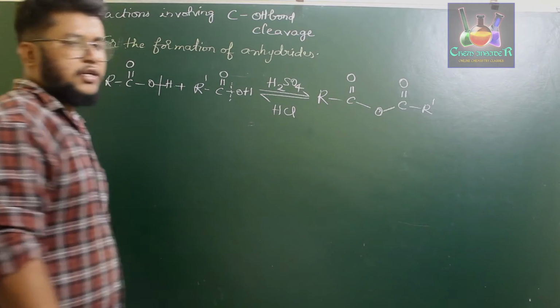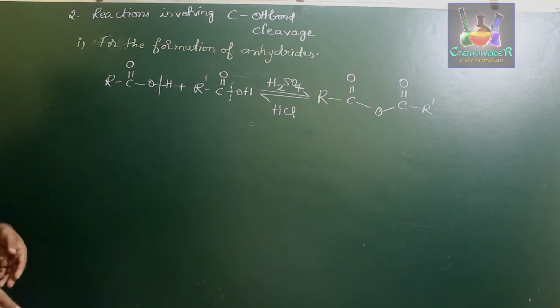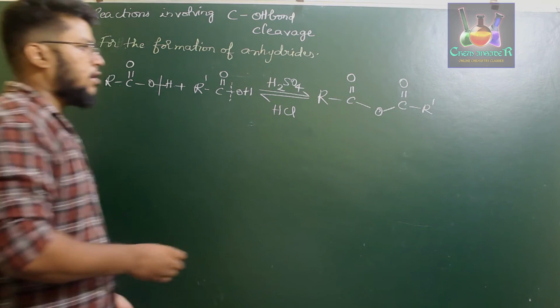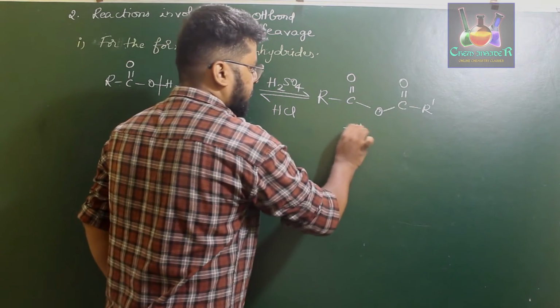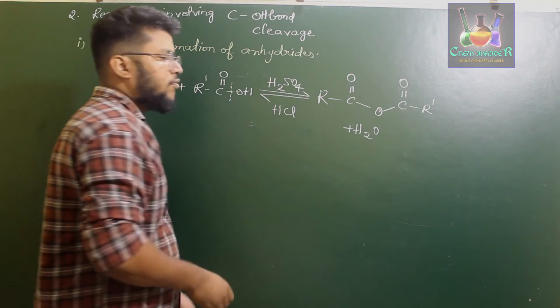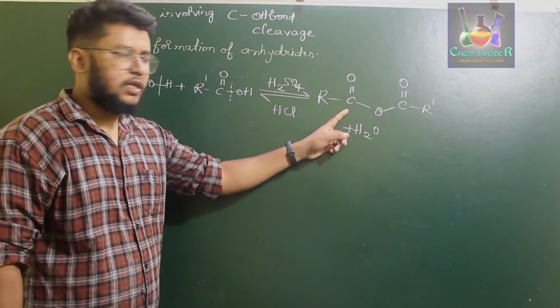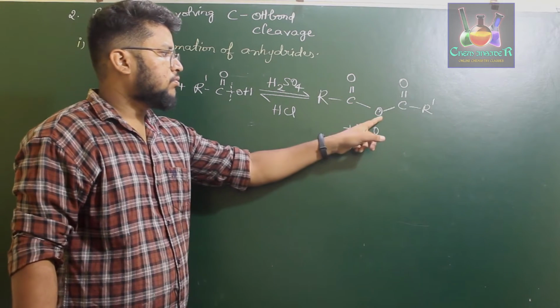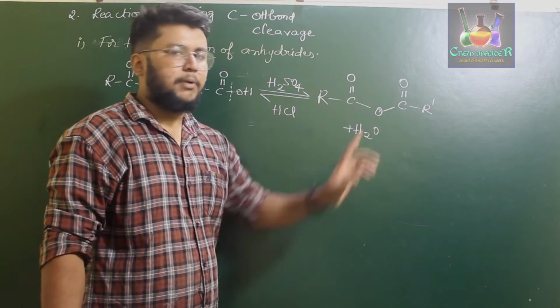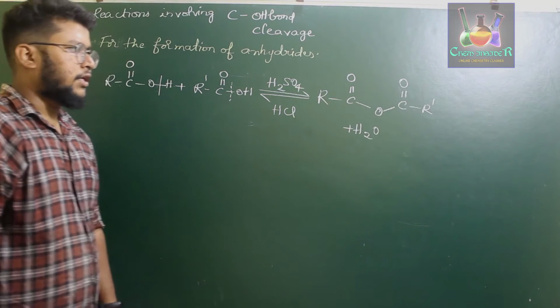This is the reaction which takes place when we treat two carboxylic acids under acidic condition, losing a molecule of water. The compounds which have this type of bonds are called anhydrides.